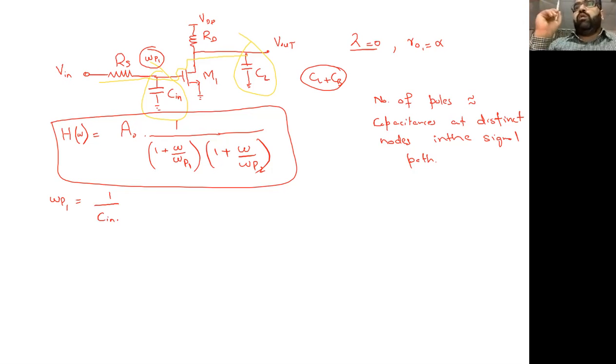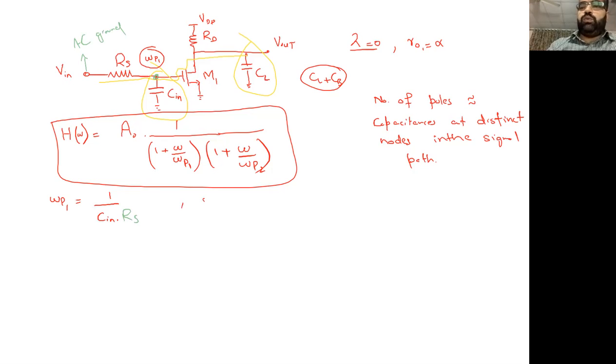Impedance क्या होगी? We mentioned about from the node, this is the node point to the AC ground. C in times, this is going to be treated as AC ground in a small signal. So this means C in times RS. So omega P1 will be 1 over C in times RS.